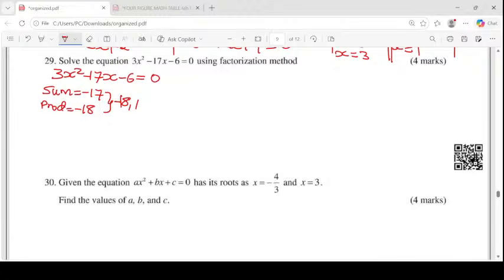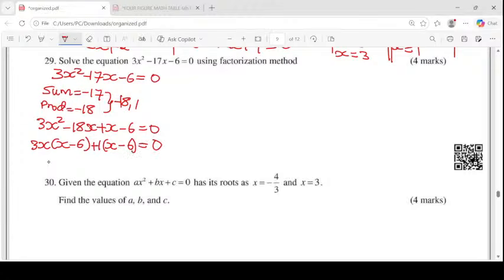If that is the case, now I'll have 3x squared minus 18x plus x minus 6 is equal to 0. So this will be 3x into x minus 6, plus 1 into x minus 6 is equal to 0.